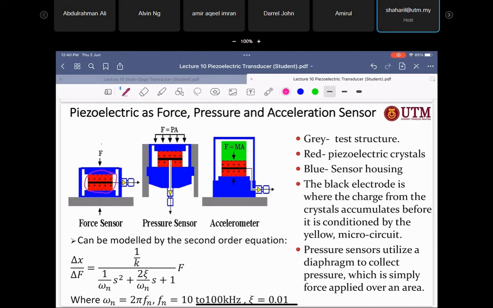When you have some force in this direction, the ions in the piezoelectric material will move around, and then it will generate some voltage here, delta P. When this housing vibrates, it will push the piezoelectric, and then it will give some voltage.